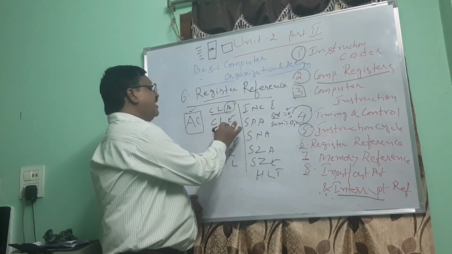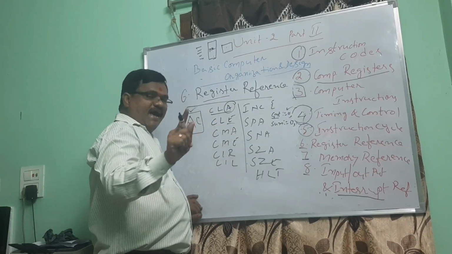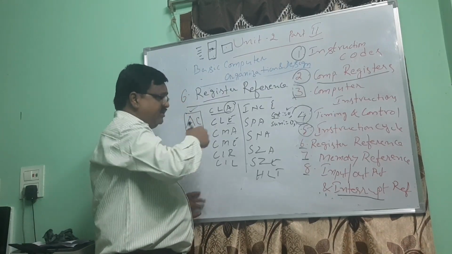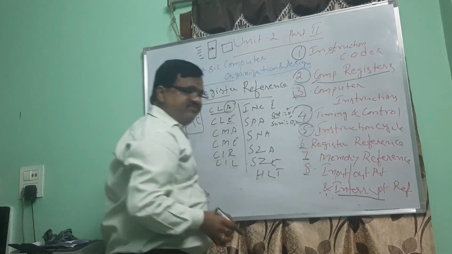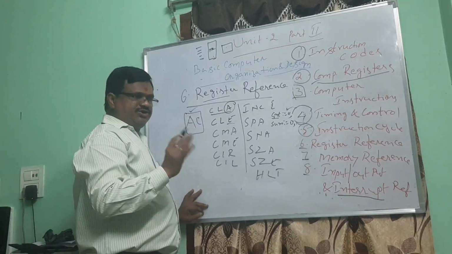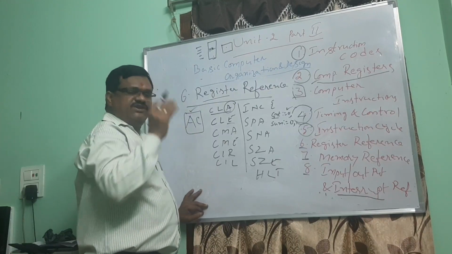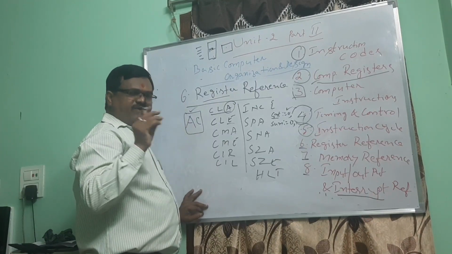Like that, clear E. E here is not an E register, it is a flag register. Apart from these 8 types of computer registers, we have certain flag registers also: positive flag, negative flag, sign flag, enable flag. All those flag bits are there.